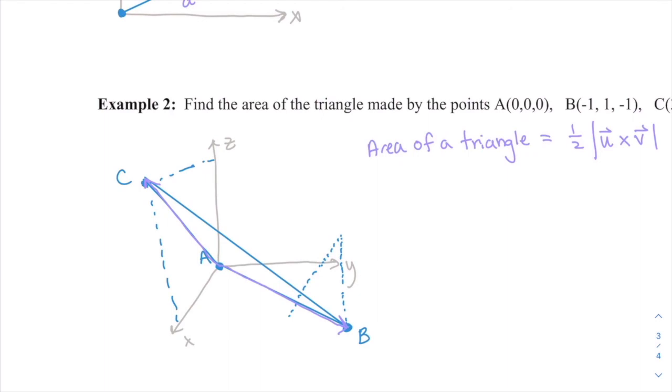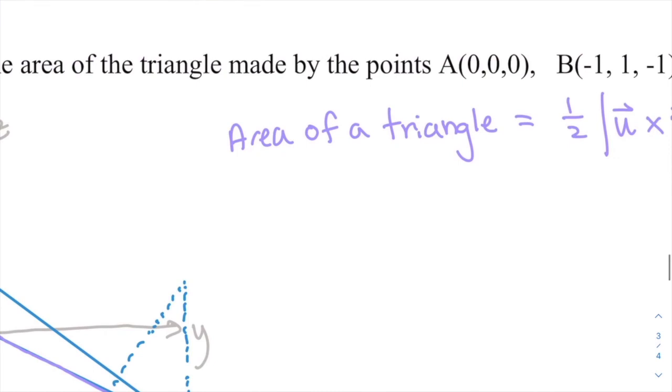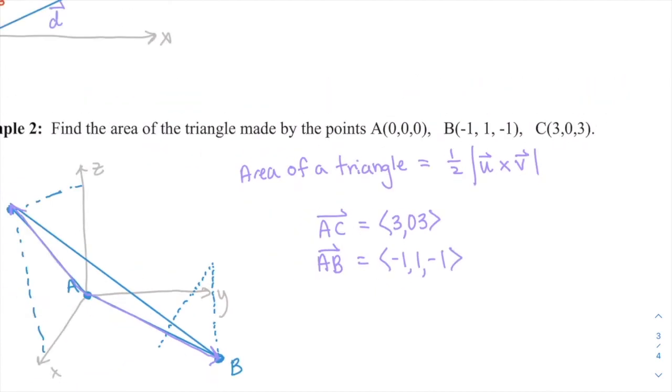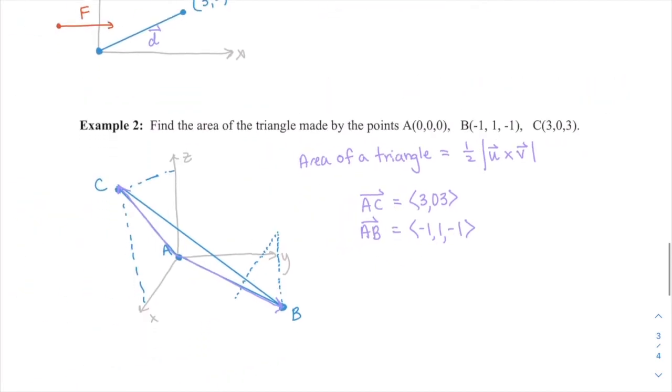So we first have the vector AC, which is just 3, 0, 3. And the vector AB is -1, 1, -1. These were really easy to make because I chose the origin point to be the common point of the 2 vectors, so it was just their components. Now we can take the cross product between the 2 of them.